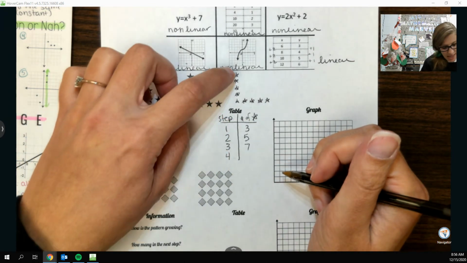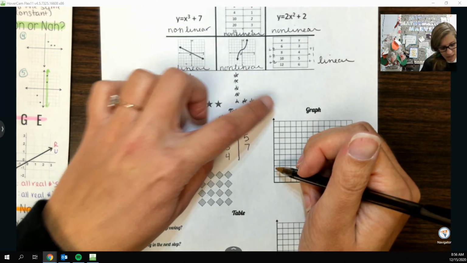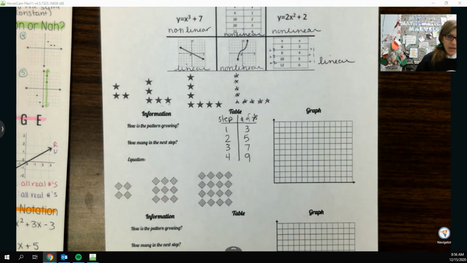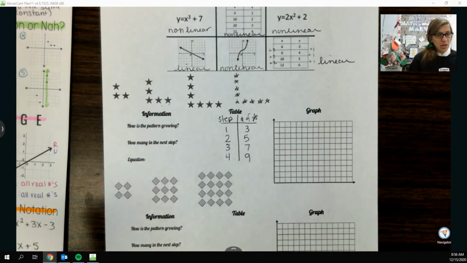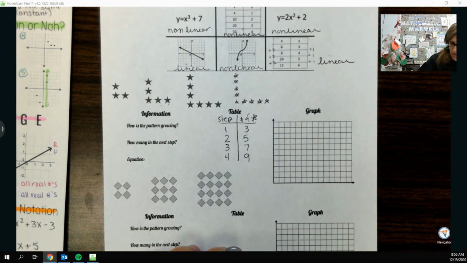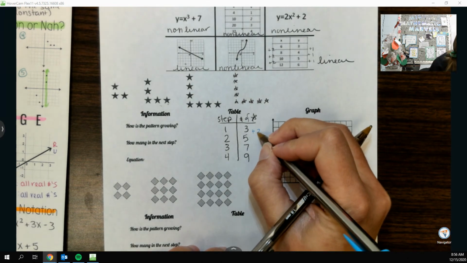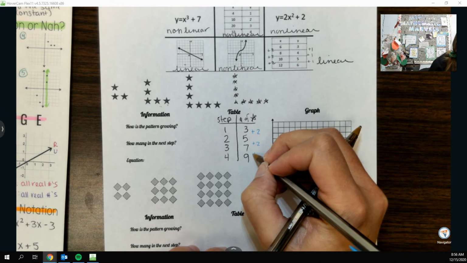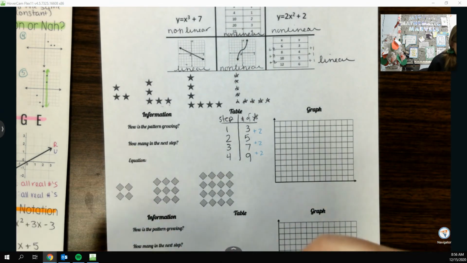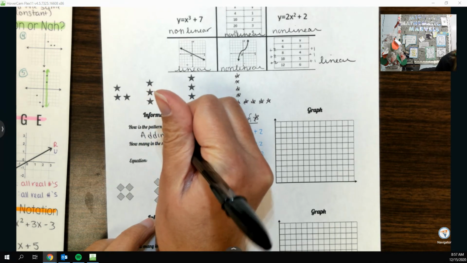And in the fourth step, I had 9 stars. So thinking back to what we were just doing in the last one, I can see that these are increasing by 2 every time. So the pattern is growing by adding 2 each time.